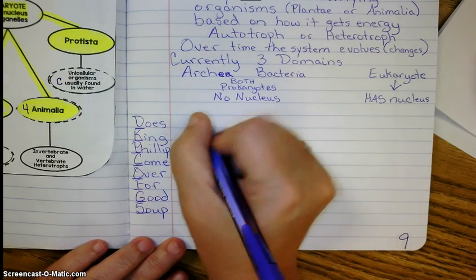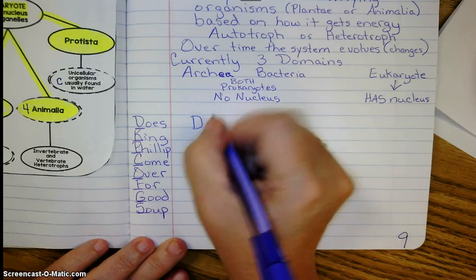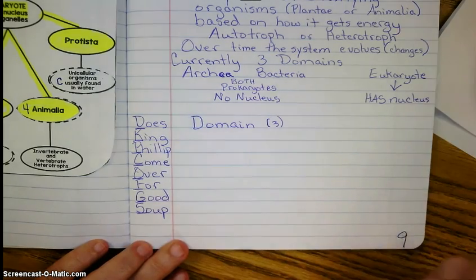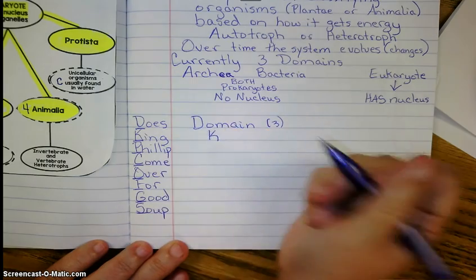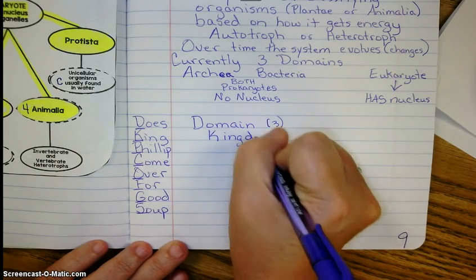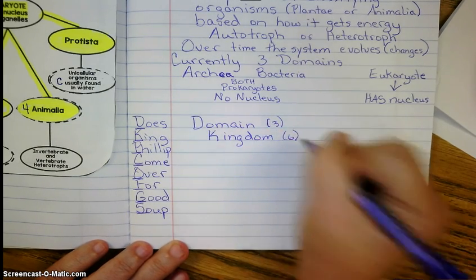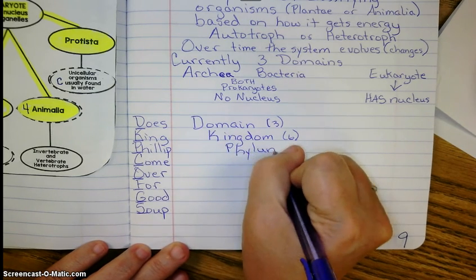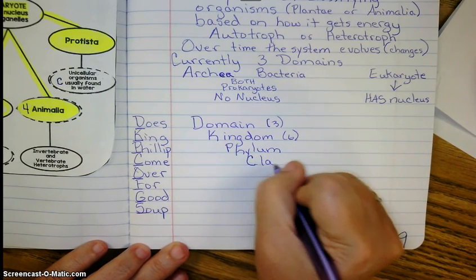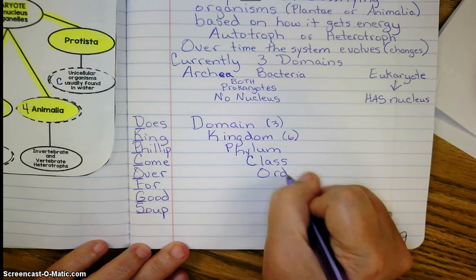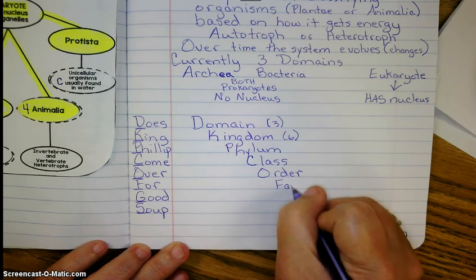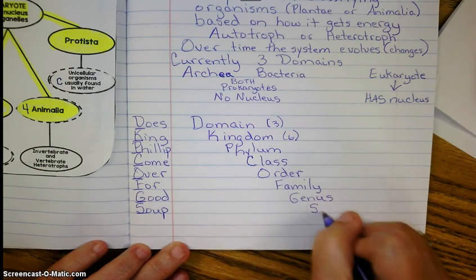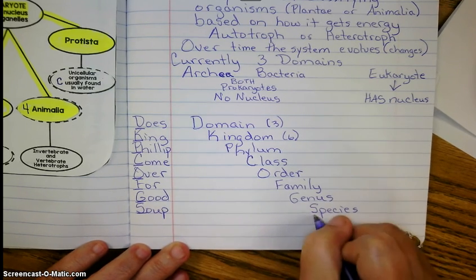The first letter is D, and that stands for domain. We said there were 3 domains. The next letter is a K, and that stands for kingdom. We said right now there are 6 of those. The next letter is a P, which stands for phylum. And then a C for class, O for order, F for family, G for genus, and S for species.